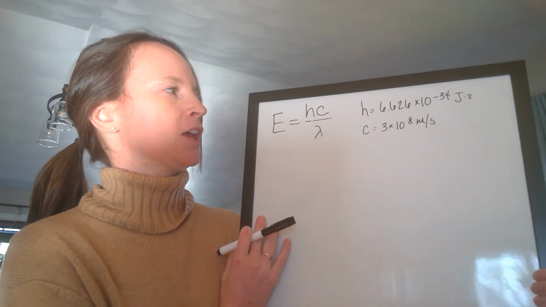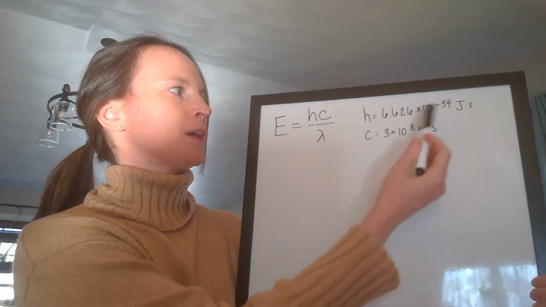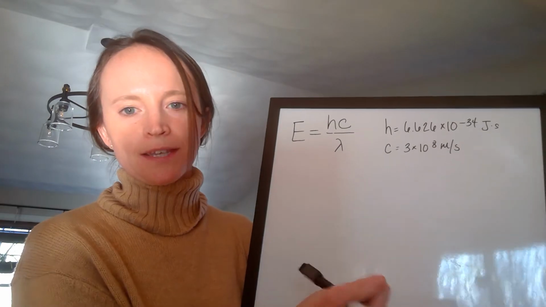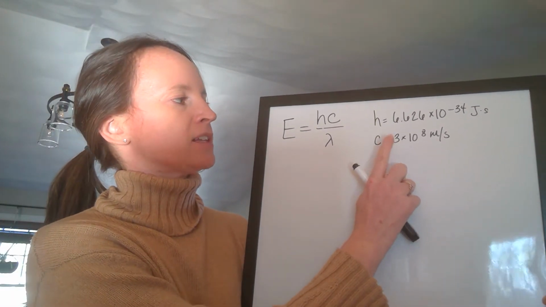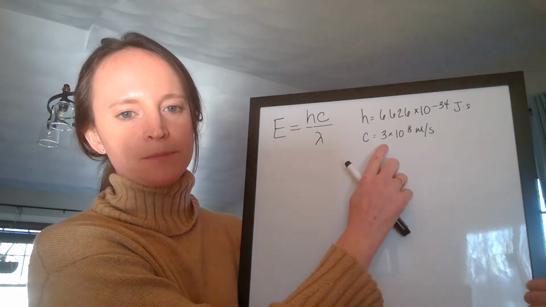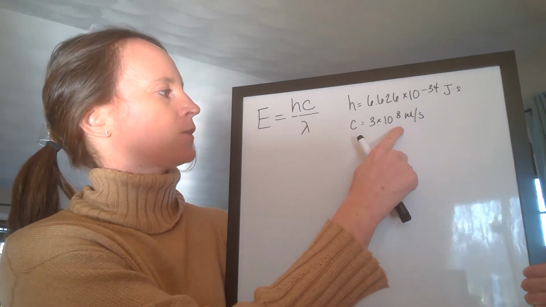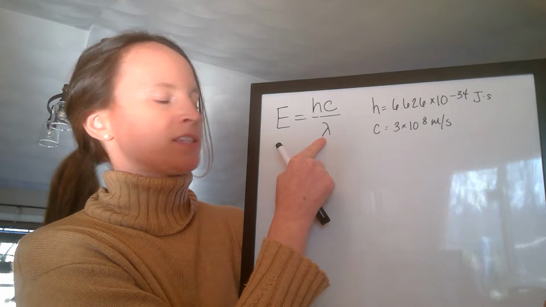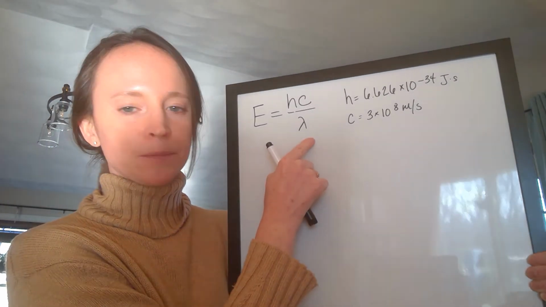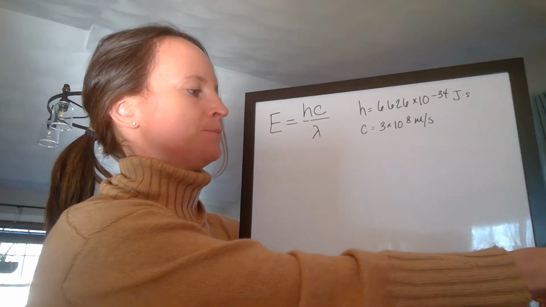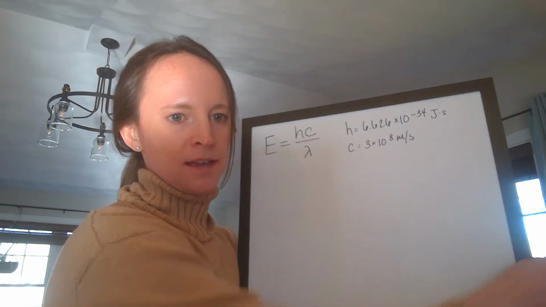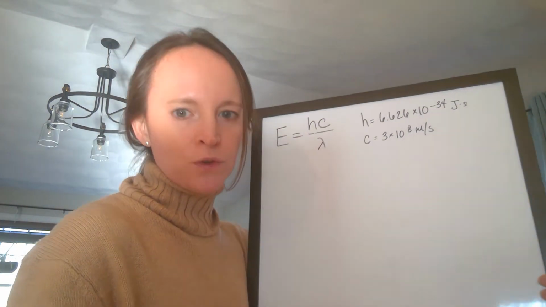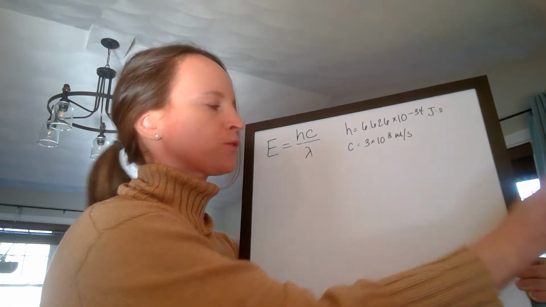So this is just a relationship in physics that's always the same. You're always going to use that same number, and same with the speed of light. It's a constant. You always use 3 times 10 to the 8th. We've learned that one already. And then that little fancy upside down y is lambda. That represents wavelength.